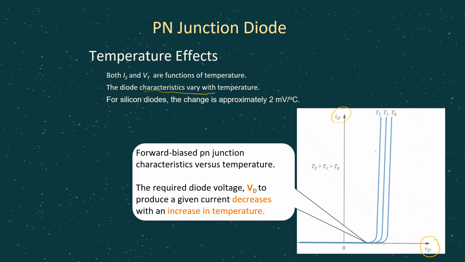In some cases, when the surrounding temperature is higher, or we give additional heat to the diode, the VBI or V gamma value can be lowered, because the carriers already receive some kind of energy coming from the heat or the temperature.